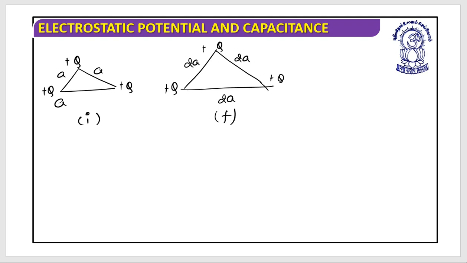So what was the situation? Initially their separation was A, and now their separation is 2A. So first thing, they have repelled each other, and then they have separated from A to 2A. I hope these things are clear.